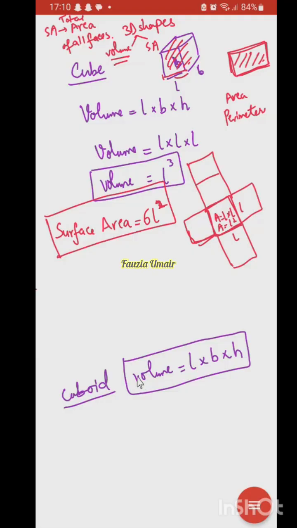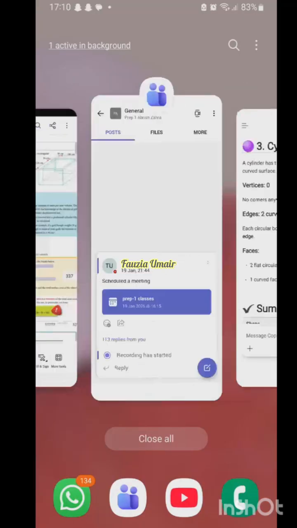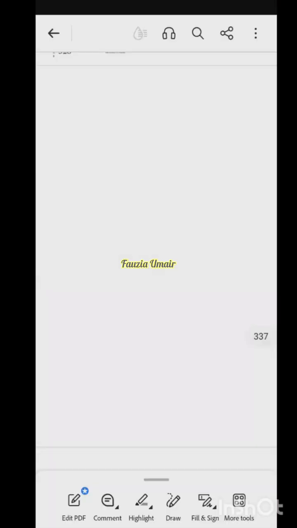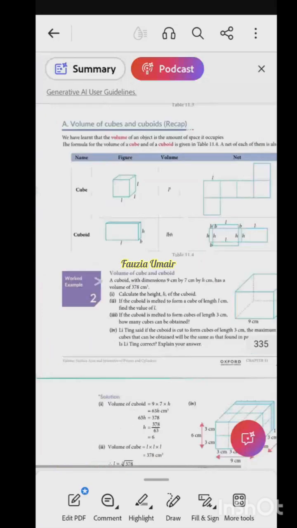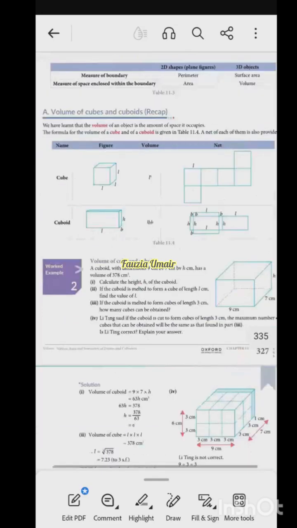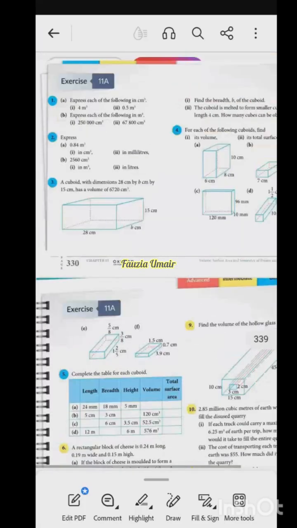Now the volume of the cuboid is... Ma'am, can you now solve a question of the cube? That's right, let's do that. That will be easier. So let's solve the question from the book. This is the first exercise.